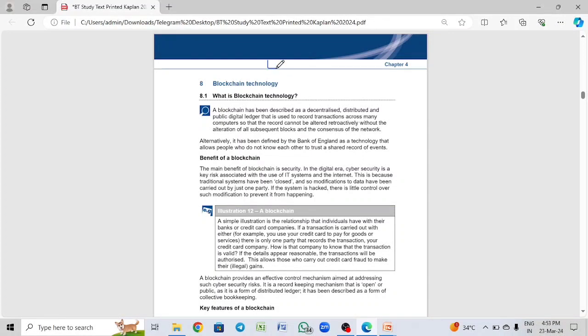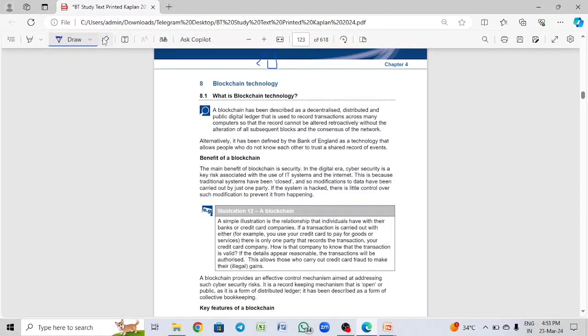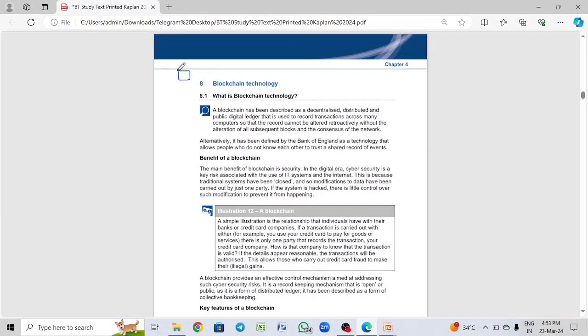So it has different blocks that store information, and each block is independent of the others. There's a chain of blocks which store information but are independent of each other. So when changes happen in one block, it does not affect the prior or the further blocks.